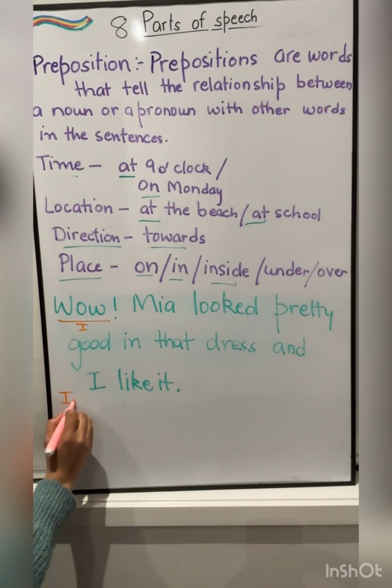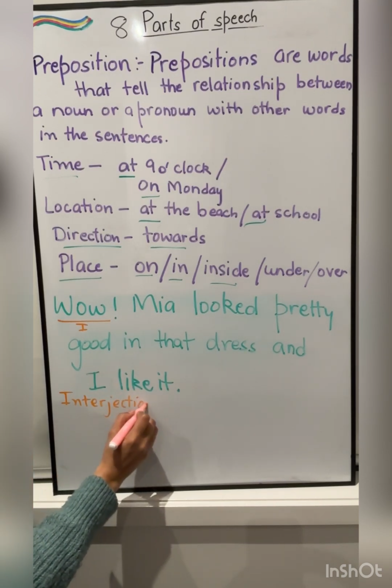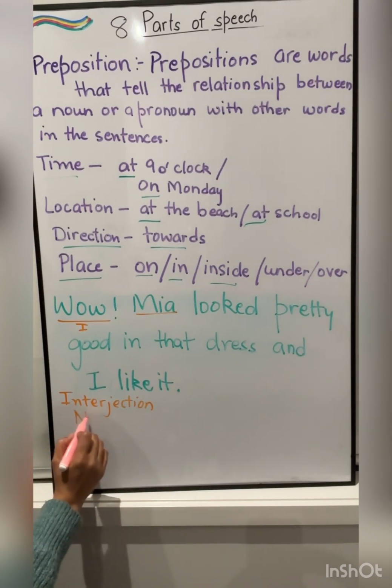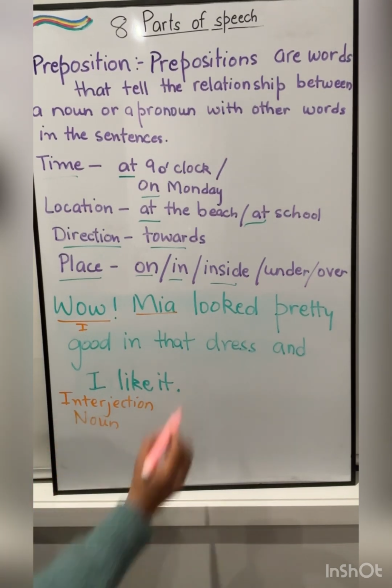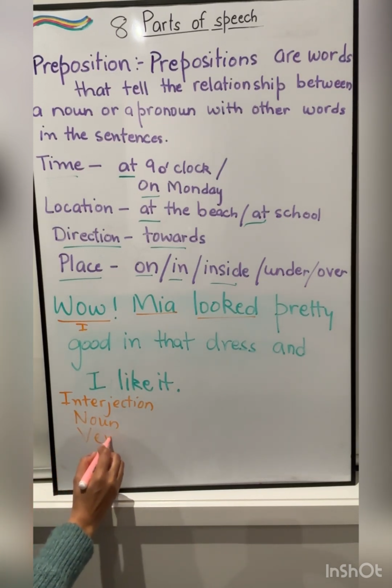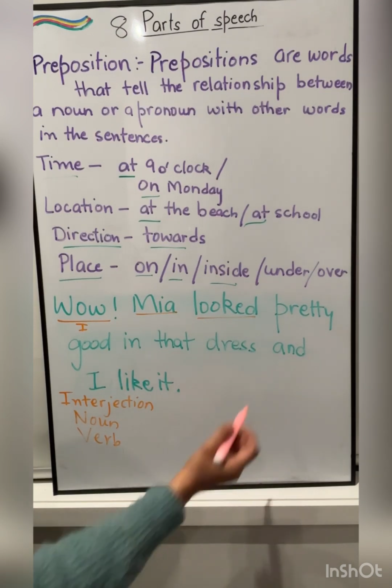So we have done interjection. Mia, noun. We are naming a person. Looked, action. Looking, watching, seeing, going, coming, riding, dancing, action words.